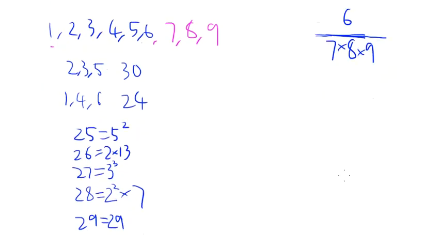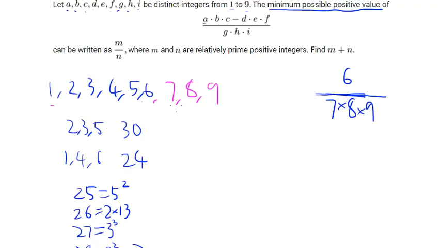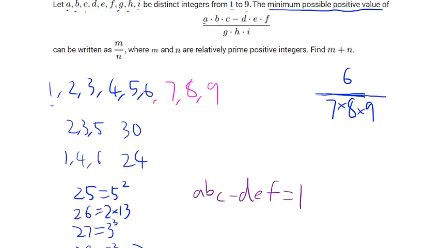Let's say we want the numerator to be 1. So we want ABC minus DEF to be 1. Then let's go through all the possible values of ABC or DEF.